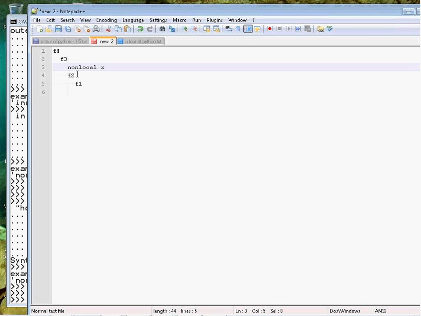That example is just saying X is somewhere outside of me. It does whether X is in F2, whether X is in F3, or whether X is in F4. Declaration is ambiguous.